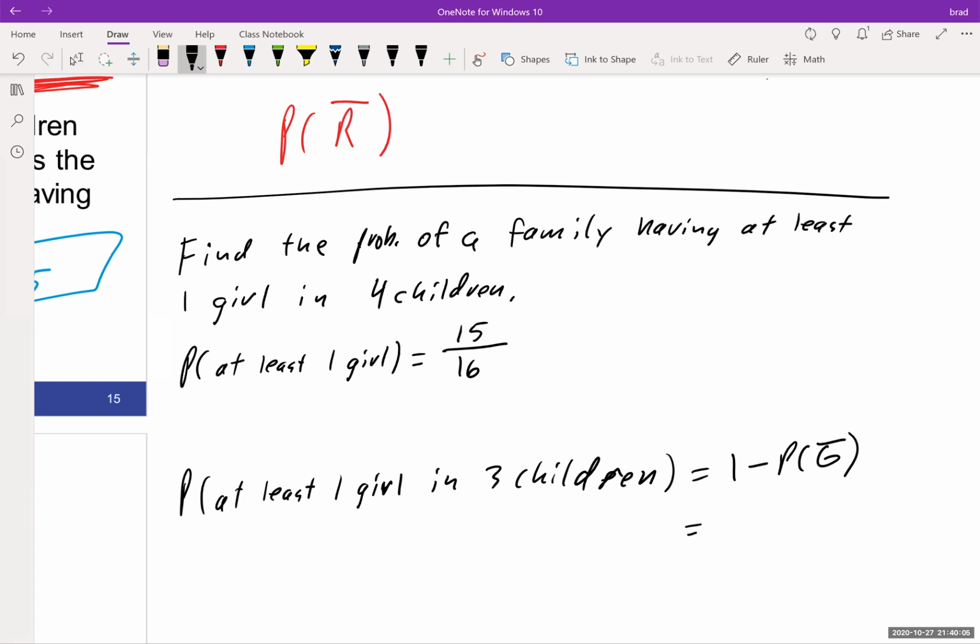So what's the probability of no girls? Well, that would be boy, boy, boy. That scenario has no girls in that event, or in that outcome, I should say. So, well, I guess that is the event, and boy, boy, boy, each one of those is the outcome.